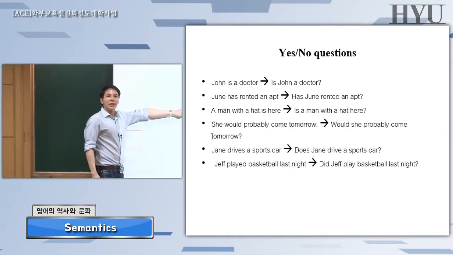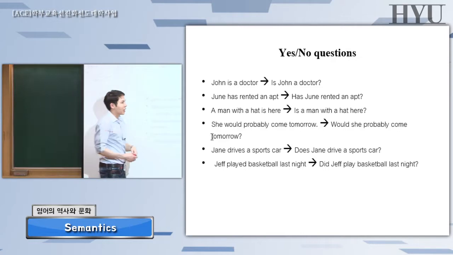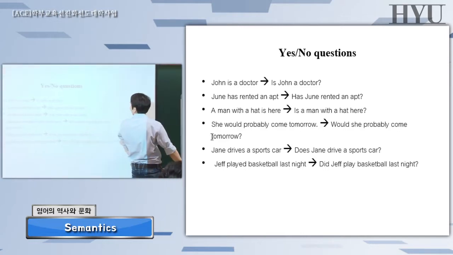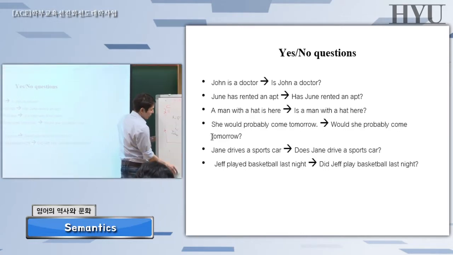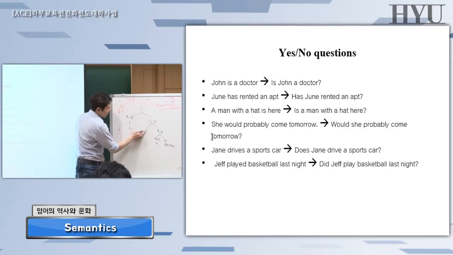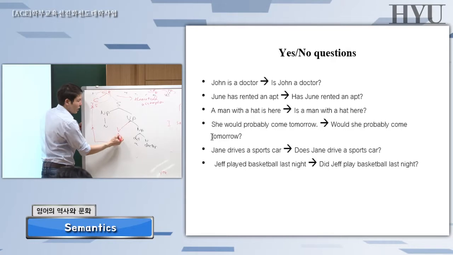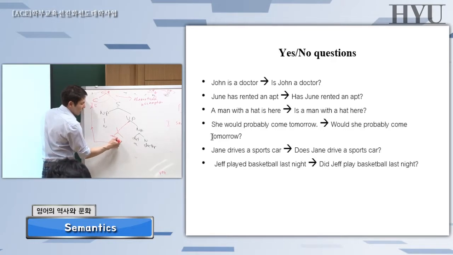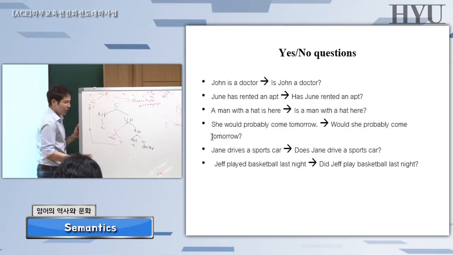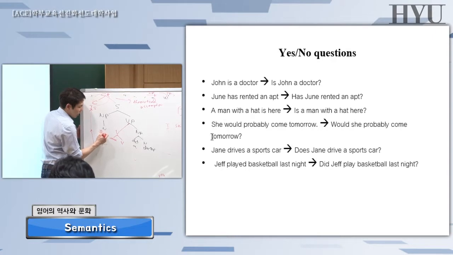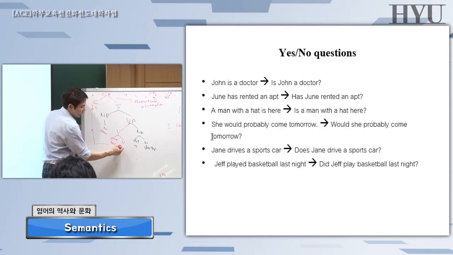Number 2 is the same thing, right? Number 2 is the same thing. So here we have Jane has rented an apartment. So we have here Jane, and then the VP goes to V, and then there is an aux, and then the V, right? We have Jane, and then has rented. So what moves?